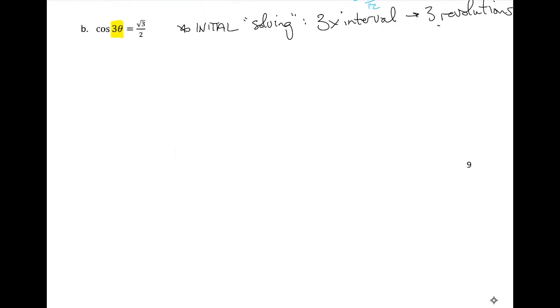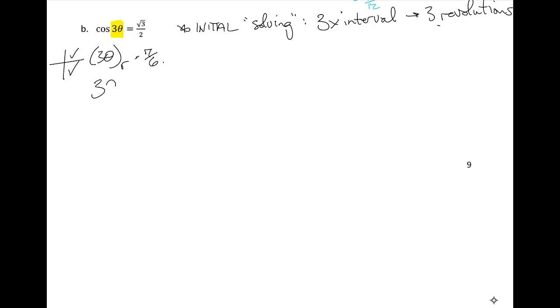So I look and I see cos of 3 theta equals root 3 over 2. And I know that in general, that means that for 3 theta, my reference angle is going to be pi over 6 again. So cosine is positive, and that happens in 1 and 4.